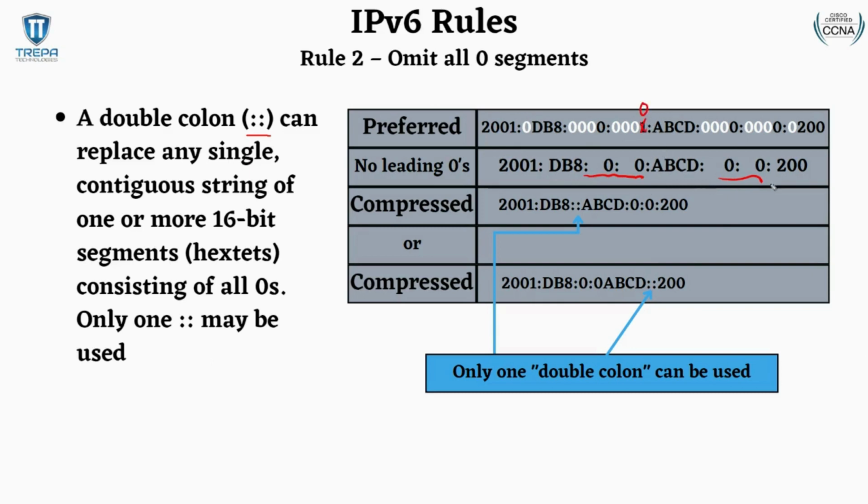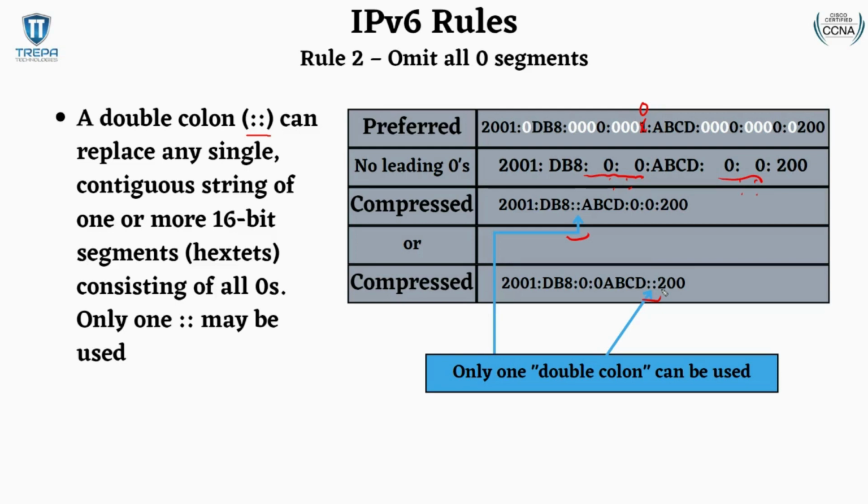We got rid of the leading zeros, and now we have a couple options to compress this even more. We can put a double colon in place of these 2 zeros here. But here's the catch. Only one double colon can be used. So you can either do it right here, or you can do it right here. And that's rule number 2 for compressing IPv6.